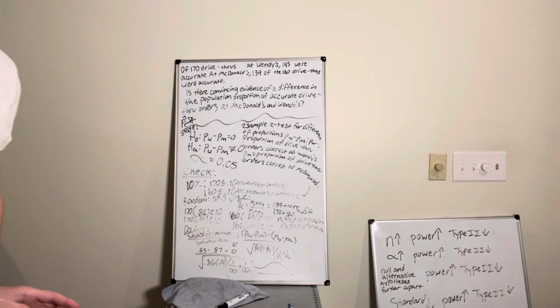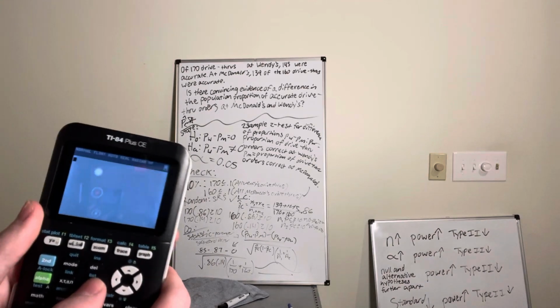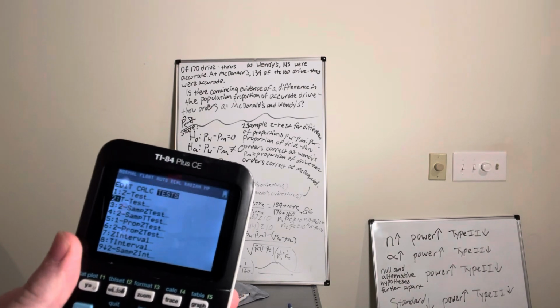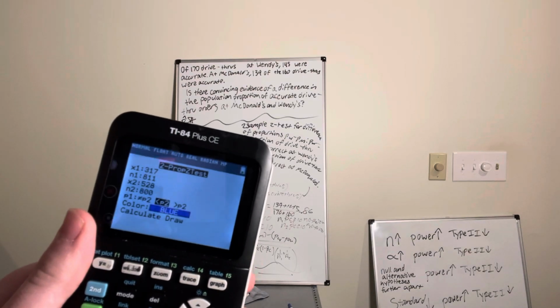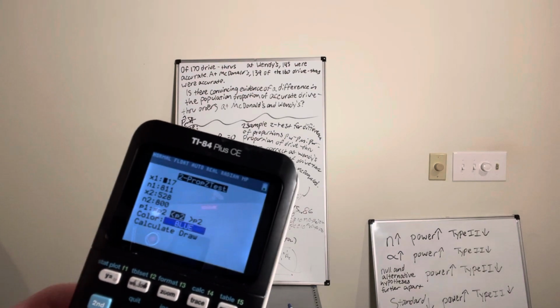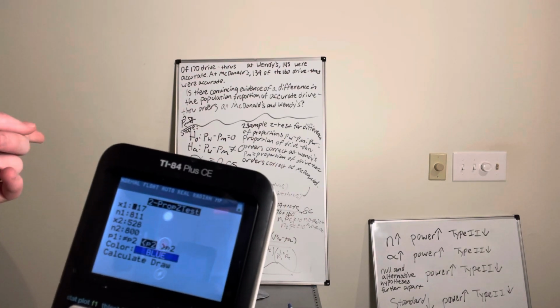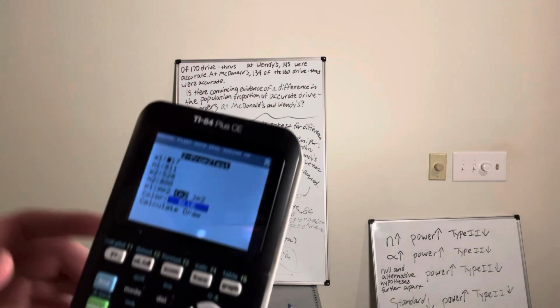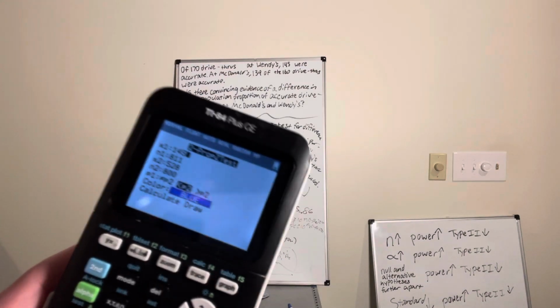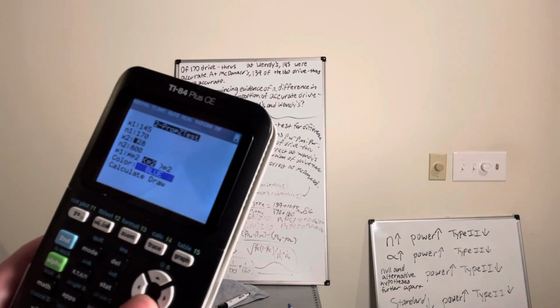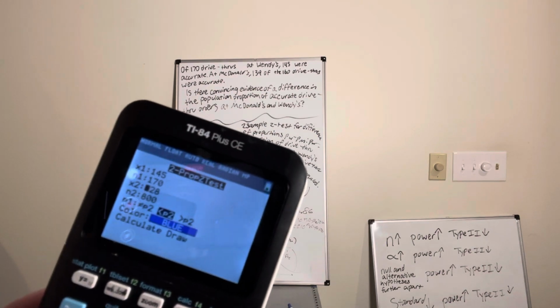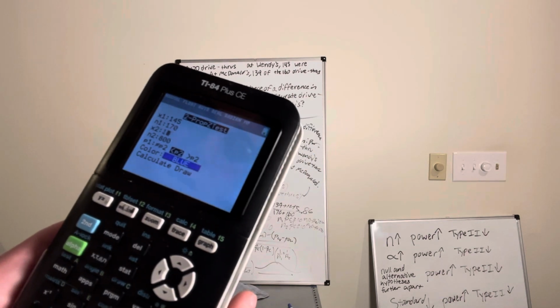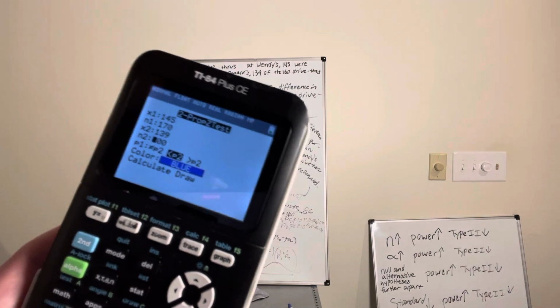All right, let's do it. So again, we go to stat and over to tests, and we're going to go to 2-proportion z-test. Our x1 is our Wendy's, which was 145 out of 170, and our x2 was our McDonald's, which was 139 out of 160.